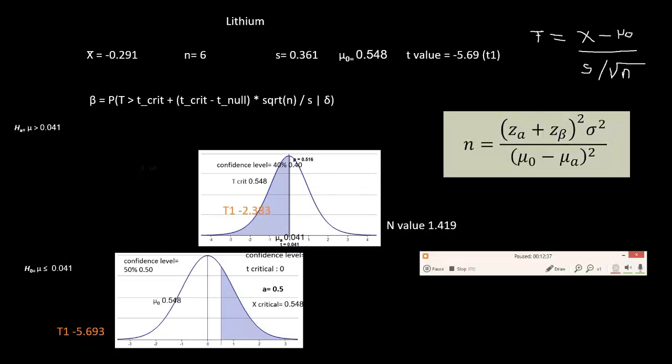Okay. So the value given was negative. Can you see the charts and everything? Yeah, I see. So the given value was negative 2.383 for the upper value.